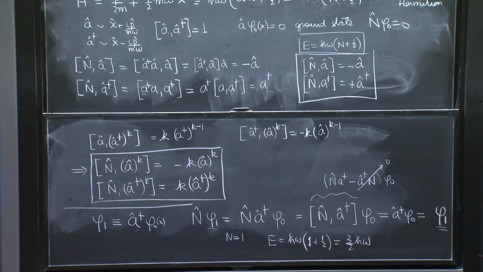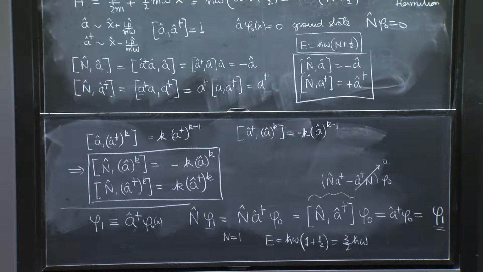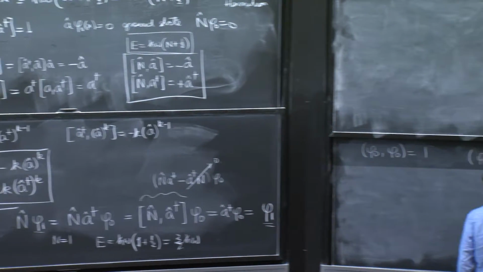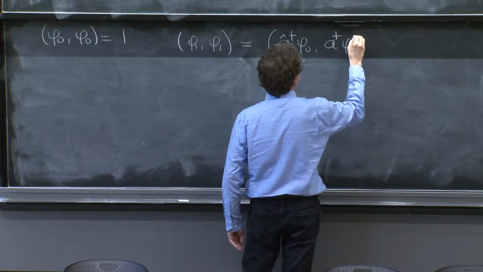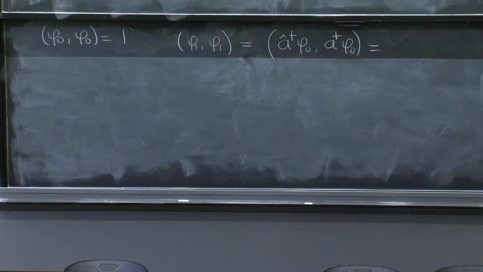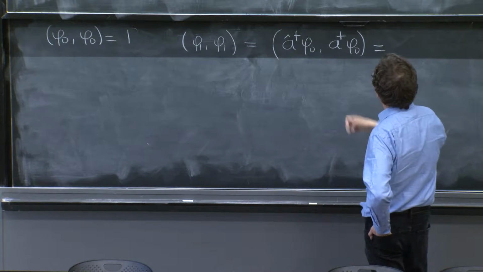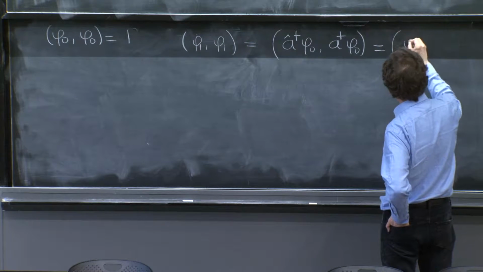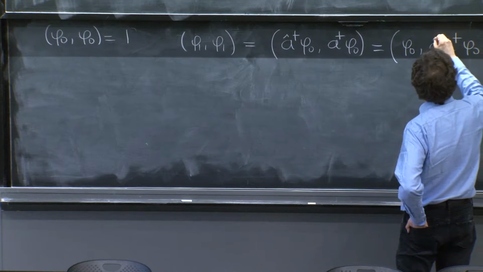I want to know how much is phi 1 with phi 1. Is it 1 and it's normalized or not? Then I say, look, phi 1 is a dagger phi 0, a dagger phi 0. So far, so good. But I just know things about phi 0, so let's clear up one phi 0. At least I can move the a dagger as an a. So this is phi 0, a a dagger phi 0.